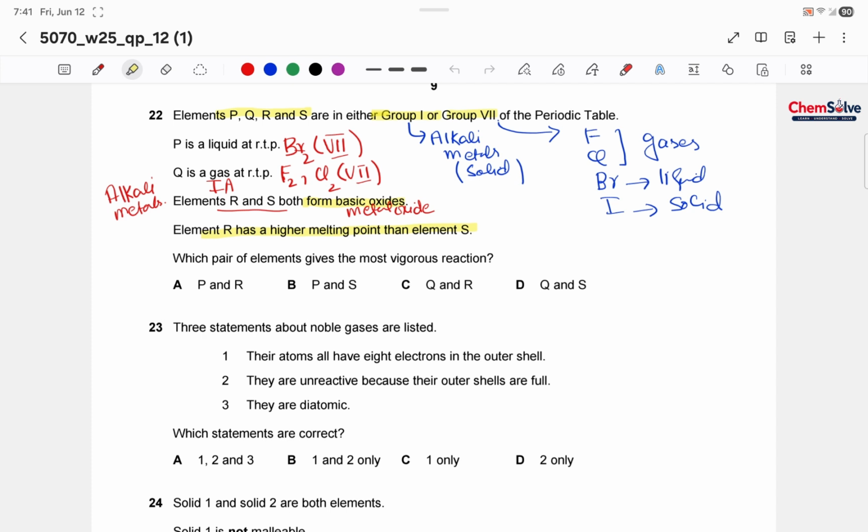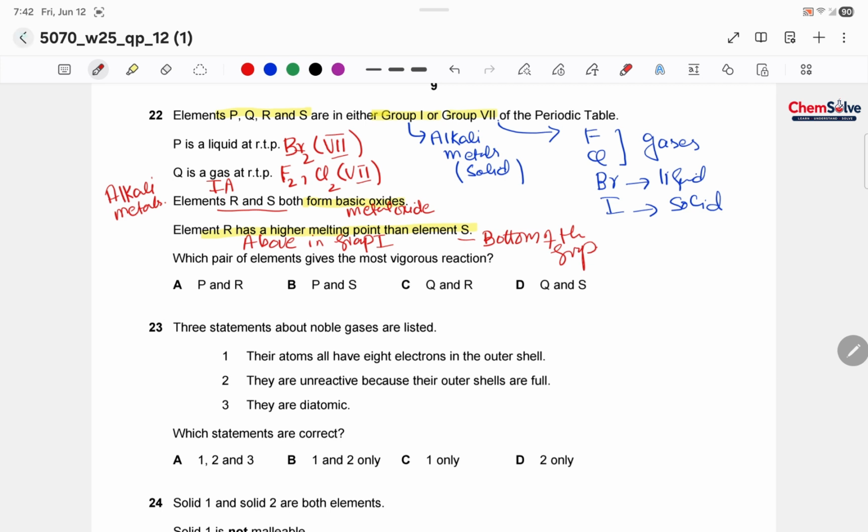It means R is above in the trend. R is above in group 1A. Why? Because melting point decreases down the group. So if R has a higher melting point, then it would be higher in the group. And S is at the bottom of the group.